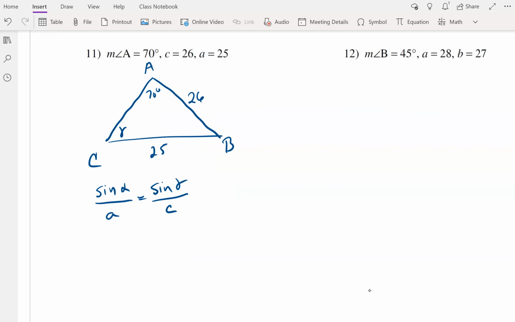And then we can plug in the different values. Sine of 70 degrees over 25 is equal to, I don't know, gamma, over 26.